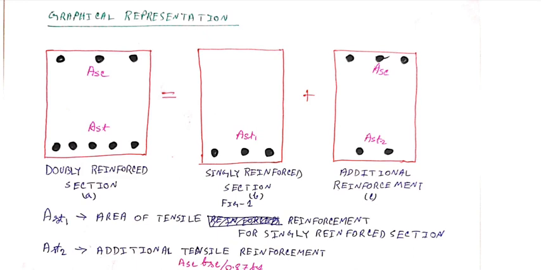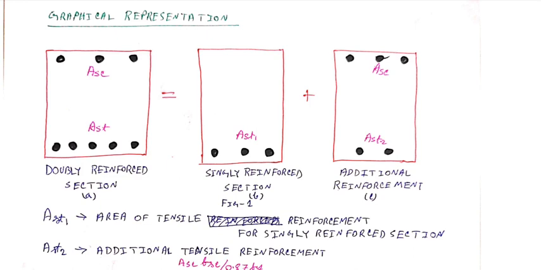So, for the Mu limit requirement, the singly reinforced beam section is like figure 1b, only 3 bars, and this area of steel is denoted by Ast1. That means Ast1 is the area of tensile reinforcement for the singly reinforced section, and for the extra moment we have to provide additional reinforcement, shown in figure 1c.